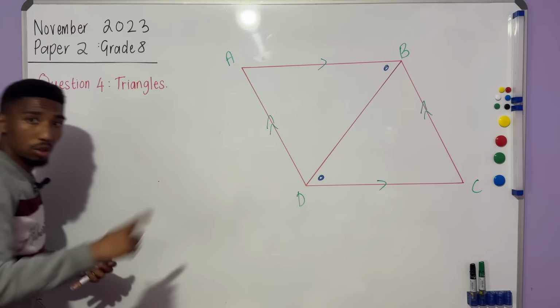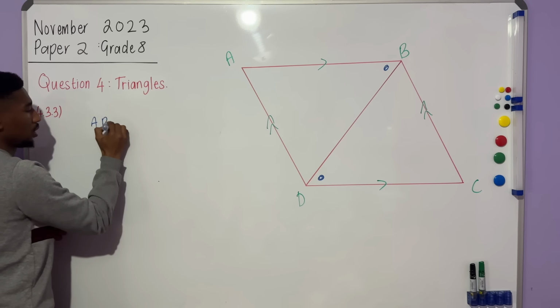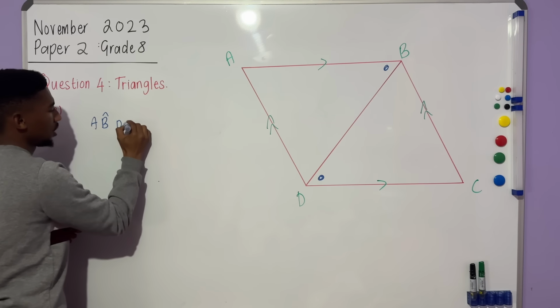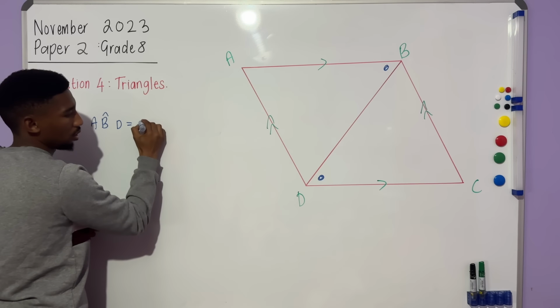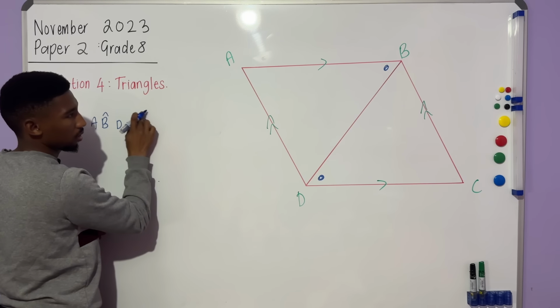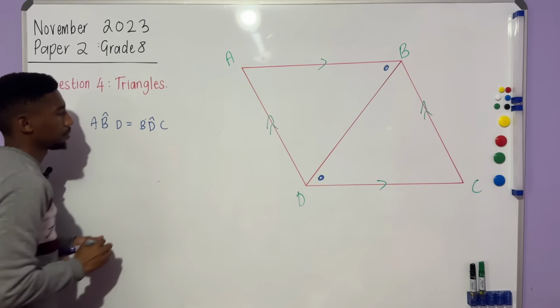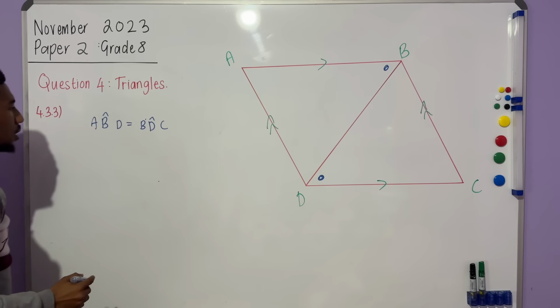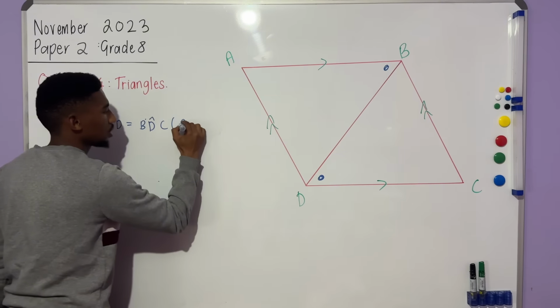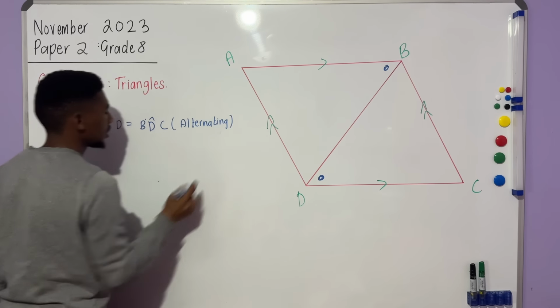So we have our first condition for congruency: ABD is equal to BDC, and our reason is alternating angles, right?